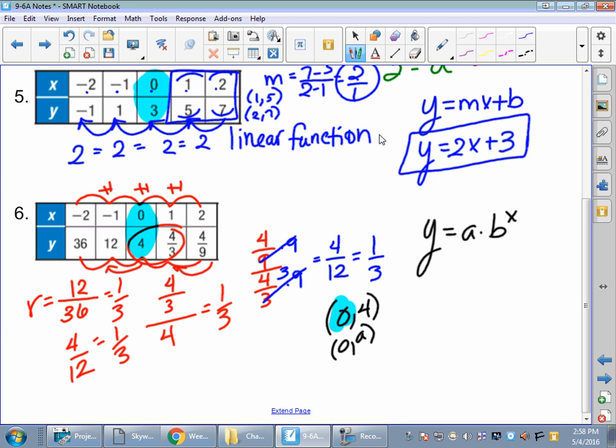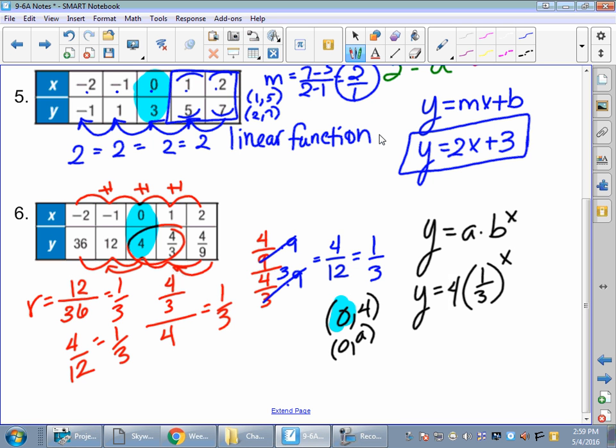And so y equals 4, and my b value is 1/3, times x. I found my base by using my change in rate. Now you can plug in x and y and solve for b too, but I'm going to check my answer.